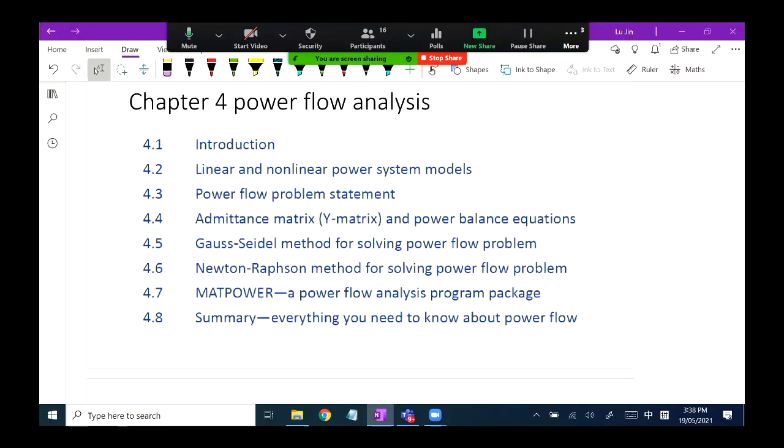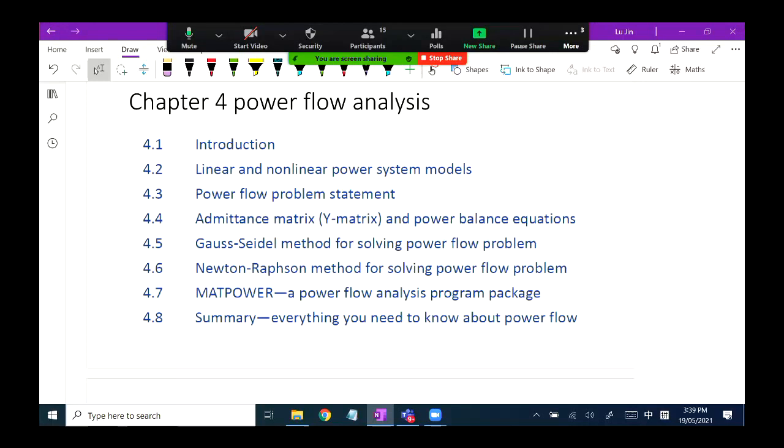Remember at the beginning of class, I mentioned the equal area theorem. In that part, you will be required to calculate the critical angle, theta or delta, whatever. Then you have to use iterations to solve that because you do not have a computer in your hands. By then, the Newton-Raphson method will be used.